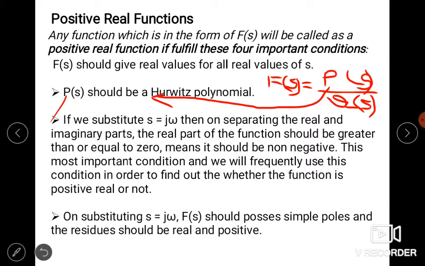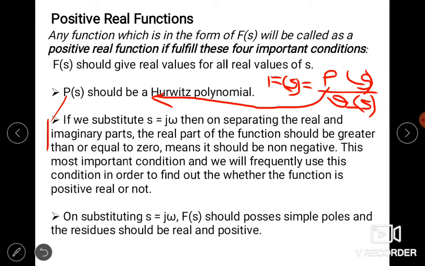How do you interpret these conditions? These are the conditions that must be satisfied.